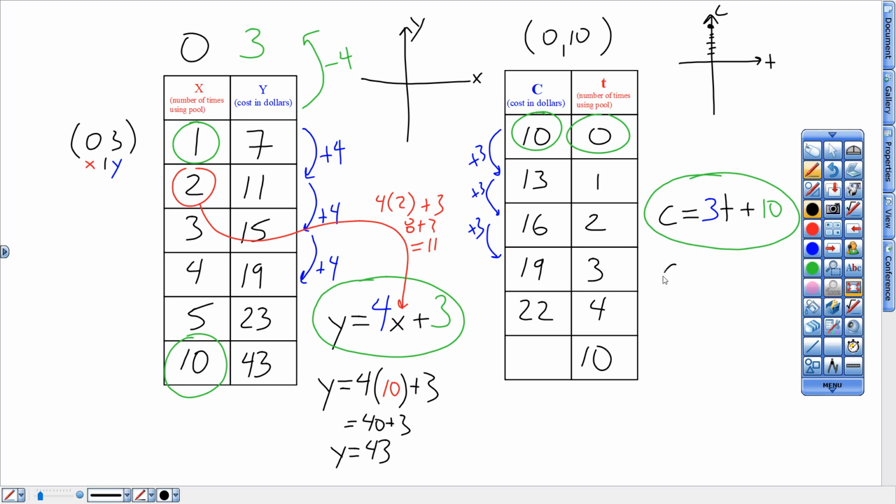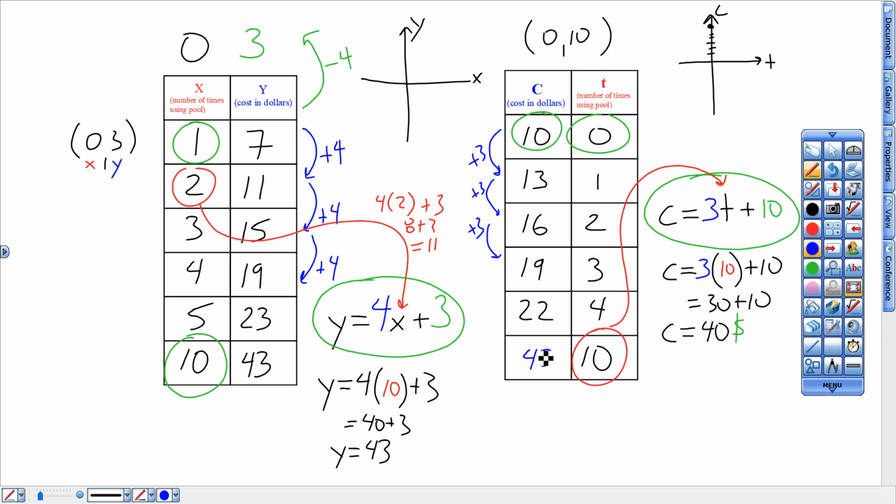And then of course, if I want to know how many times, 10 times cost in that pool, just plug that in. That gives me 3 times that 10, which gives me 30 plus 10, which gives me the cost after going to that pool 10 times is $40. That's what that number is right there.